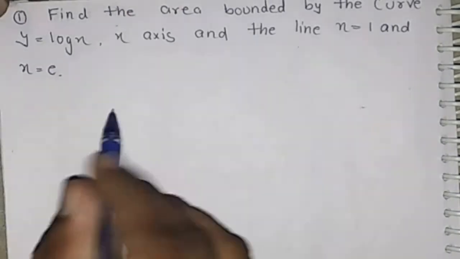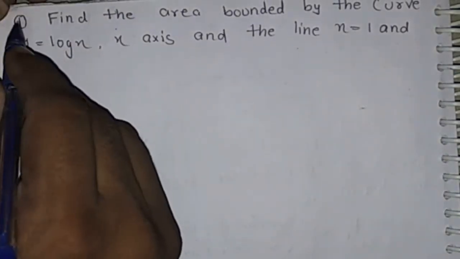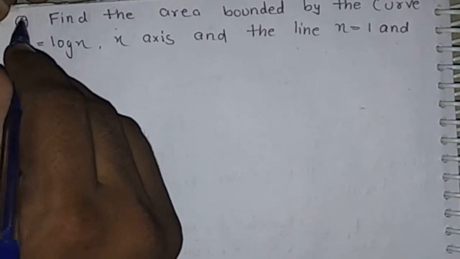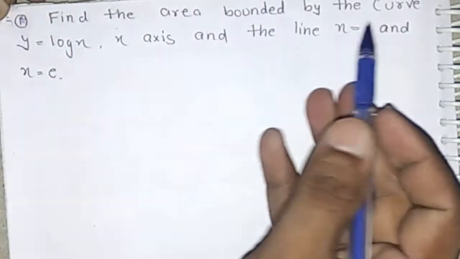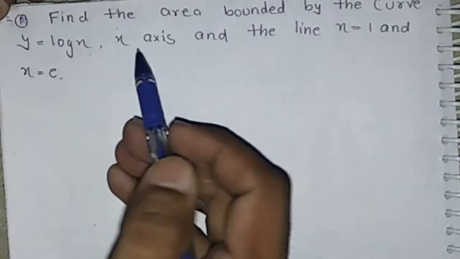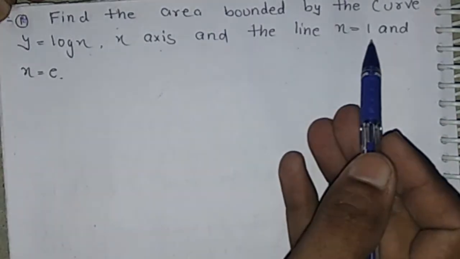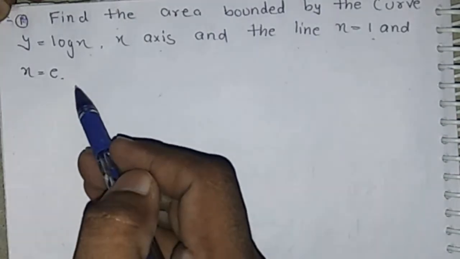Good morning, class. It is the third part of question number 5. Find the area bounded by the curve y equal log x, the x-axis, and the lines x equal 1 and x equal e.